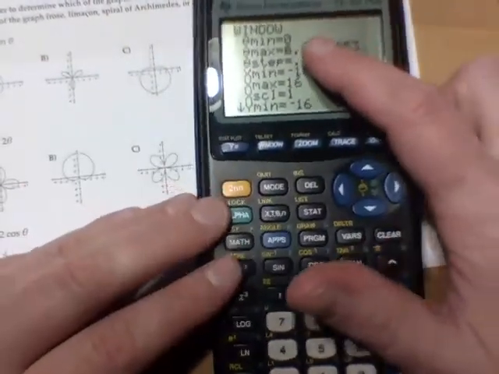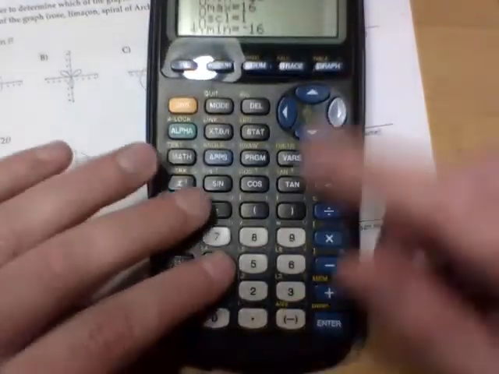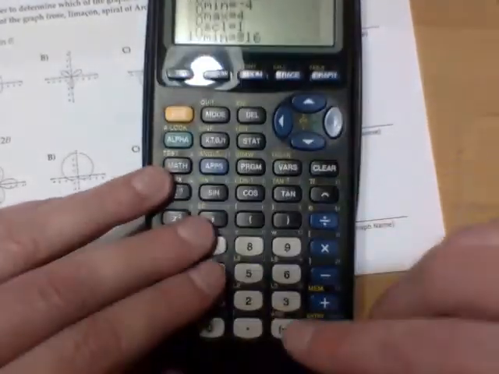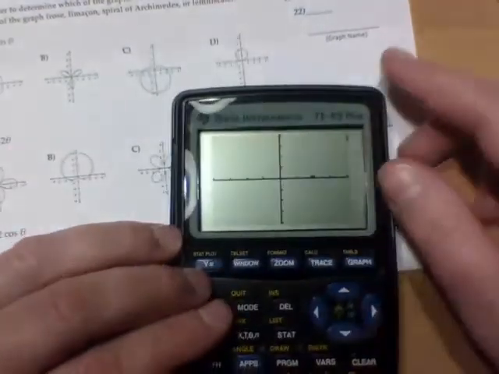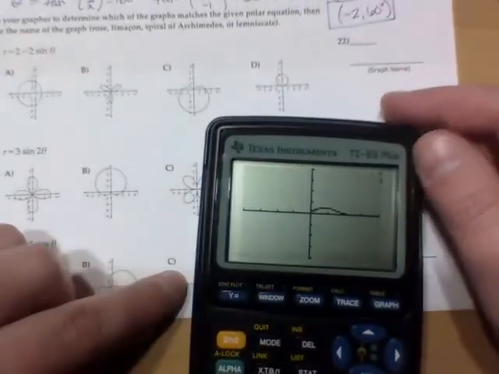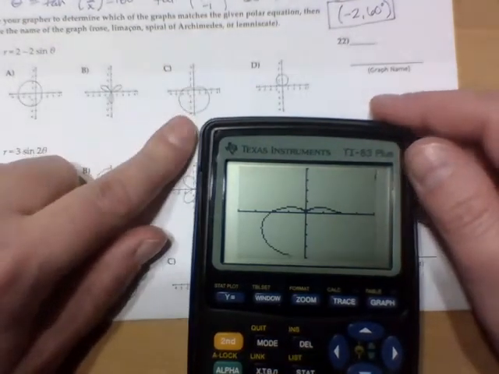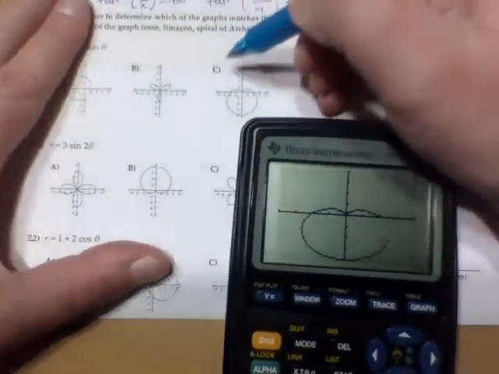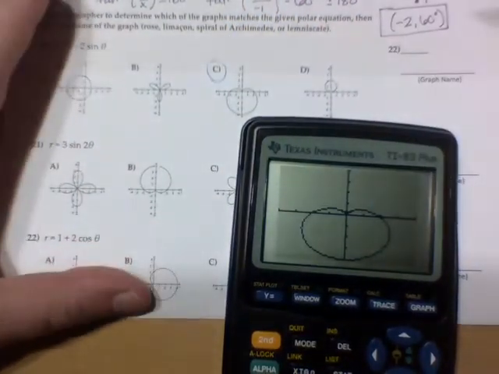So let's see. We're going to do at least 1 rotation, so that's 2 pi. And we're going negative 4 to 4 in our x's and y's. All right, so if we graph that, hopefully our step is enough to get this. Looks like we are going to end up with part C here. Ours looks more like a tomato because it's not a squared image here.